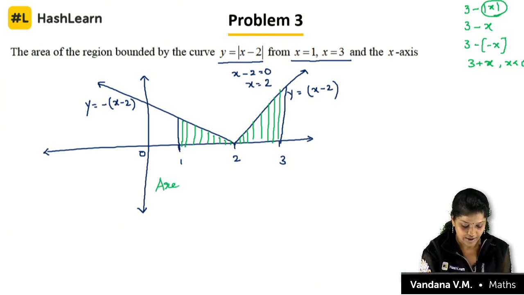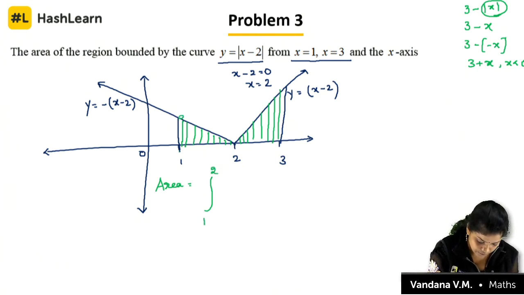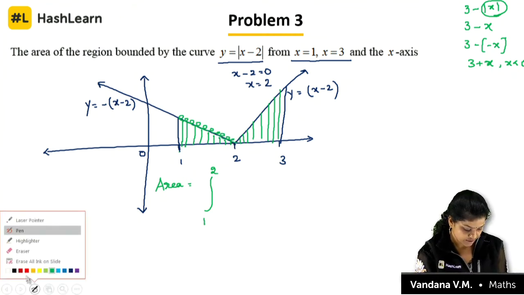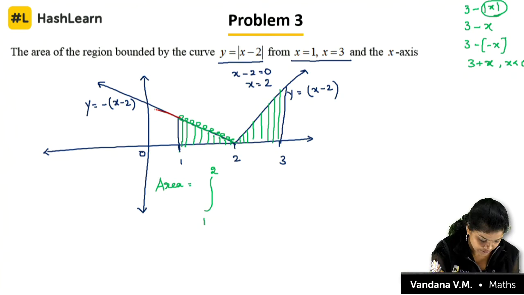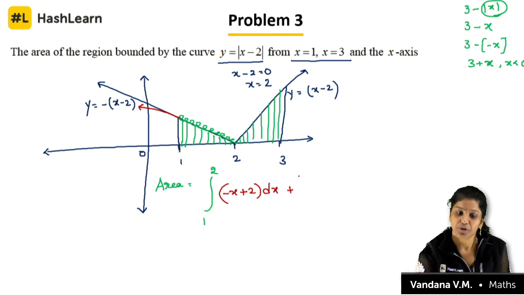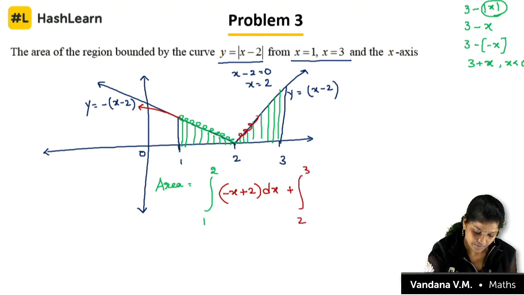So area is equal to integral 1 to 2. From 1 to 2, this is the curve, that is minus x plus 2 into dx. Plus from 2 to 3, this is the curve.